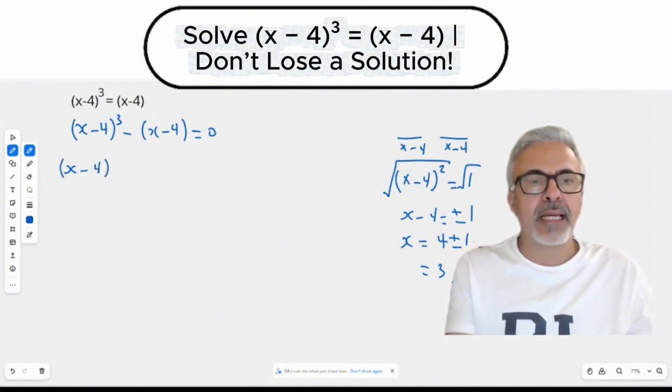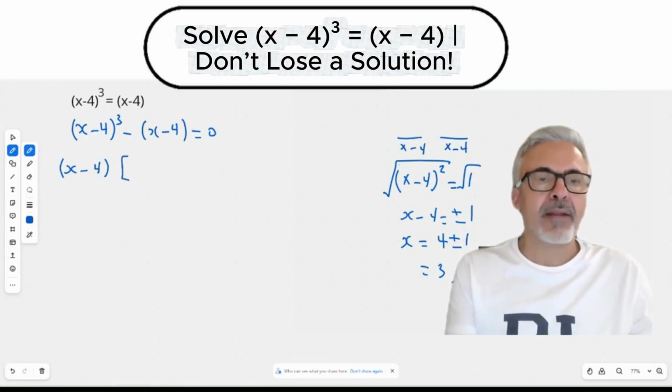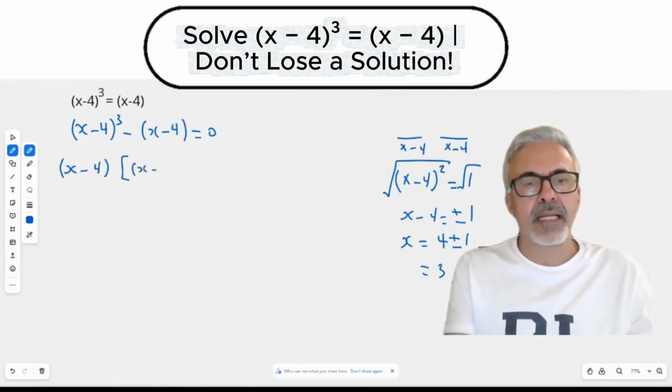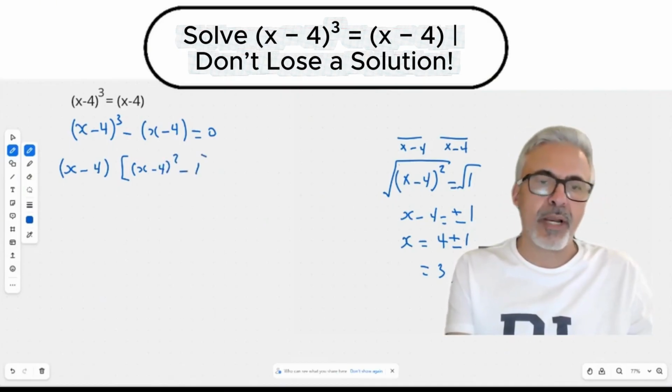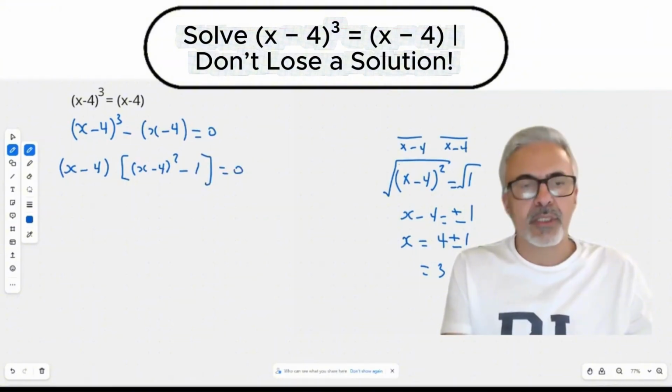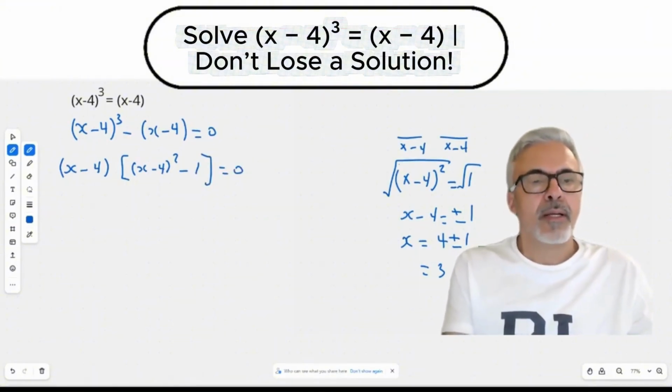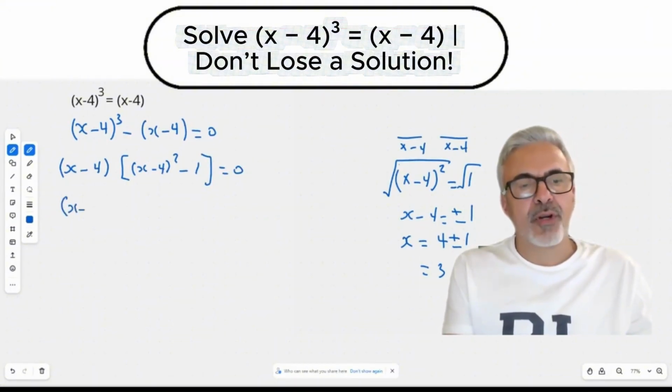And therefore, what I'm going to get here, this divided by this will give me x minus 4 squared, and then minus an x minus 4 divided by x minus 4 gives me 1, equals 0. And therefore, x minus 4 here.